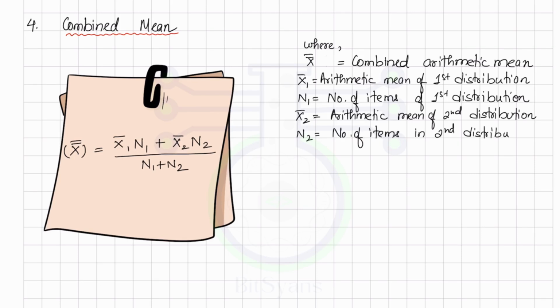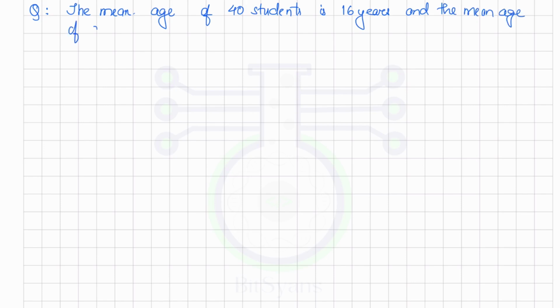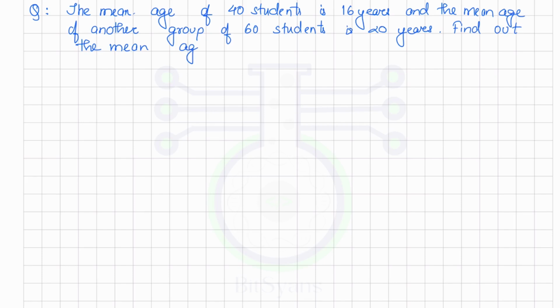The mean age of 40 students is 16 years and the mean age of another group of 60 students is 20 years. Find out the mean age of all the 100 students combined together. Since it has asked for a combined mean, we need to find x double bar.